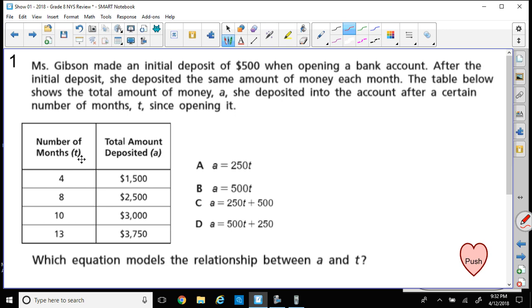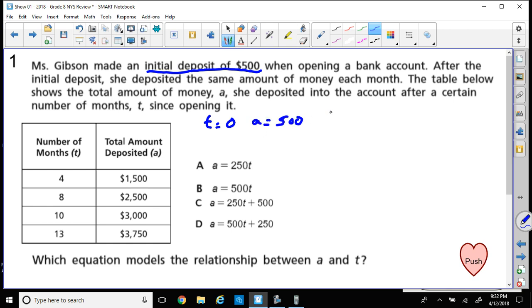So let's see what we got here. She has an initial deposit. So that's the starting point. So when she put in $500, T was equal to 0. There was no time. So the amount was equal to $500.